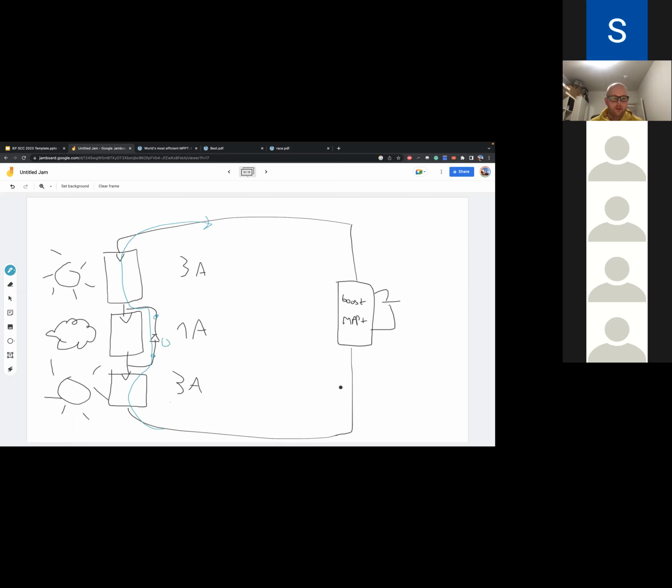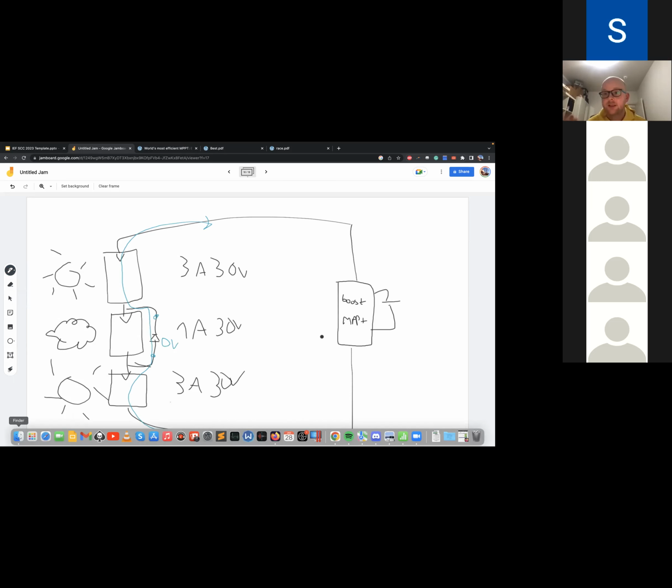But what I think we should be doing is, let's say they're all 30 volts. I think, because the power here is 3 times as low, and the current is the same everywhere because we connect everything in series, the voltage should drop rather than the current.